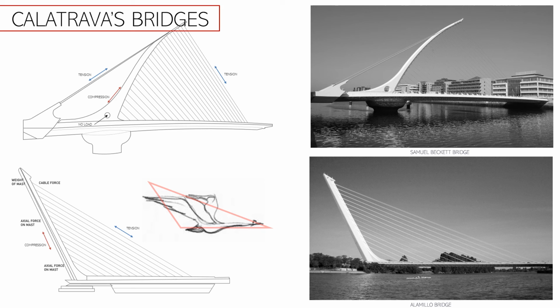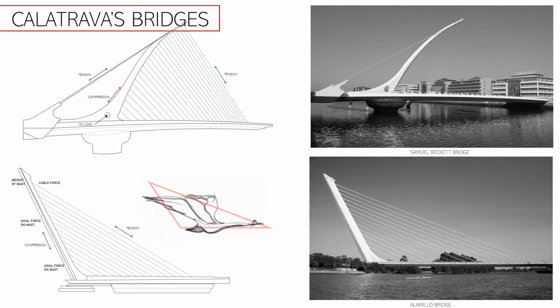Not only is the form based on a biological study of a bird in flight, the Alamillo Bridge, according to the Journal of Engineering, is based on a balance of forces. Cable forces were to balance out pylon weights, resolving in a purely axial force in the pylon, and the resultant pylon axial force was to balance out the deck axial force to create a purely vertical reaction at the support.